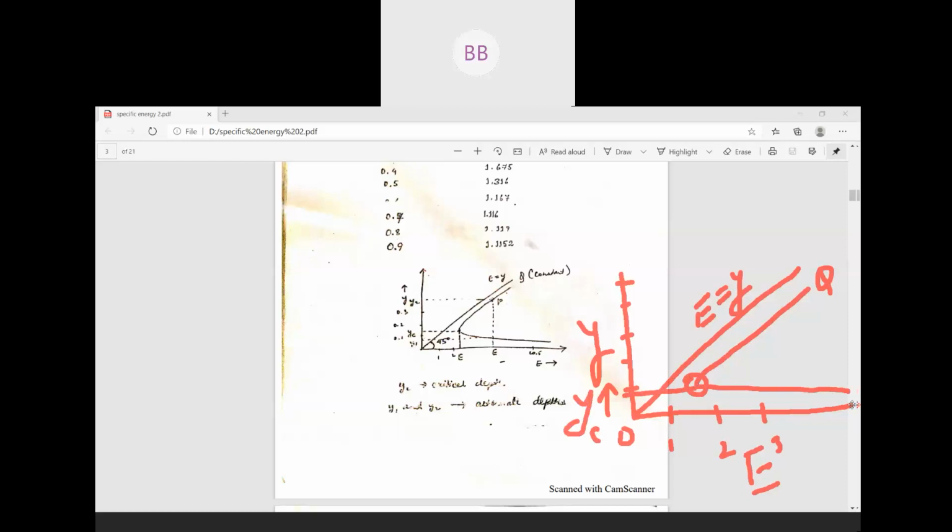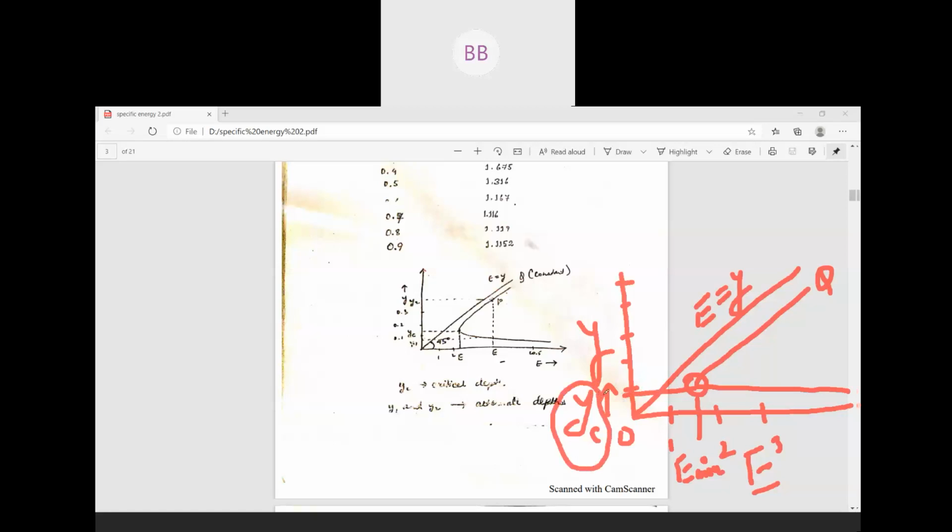When you increase the depth of flow, your specific energy reduces and reaches a minimum value, and further increasing the depth of flow, the energy also increases. This is your minimum specific energy, E minimum. For this particular minimum specific energy, the corresponding depth of flow is called critical depth.